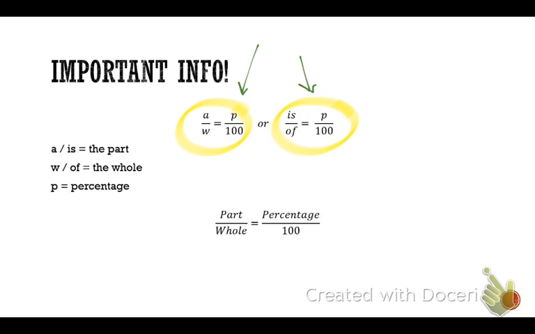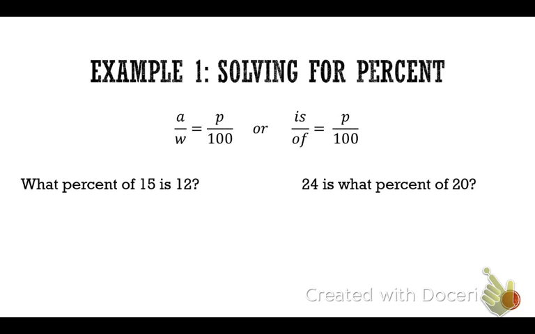All right, so I've got my formula. Let's look at example 1. What percent of 15 is 12? Let's pretend for a minute that we don't see what the example is titled, okay? The first thing I need to figure out is what is it asking me to solve for? What percent? I'm solving for P. Now I need to figure out in my formula, the is over of, what is my is value and what is my of value?